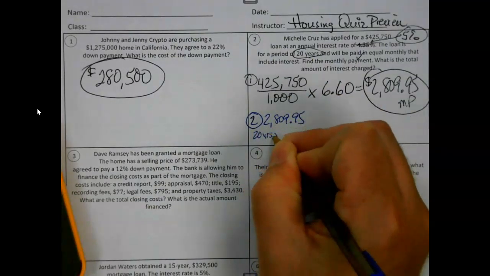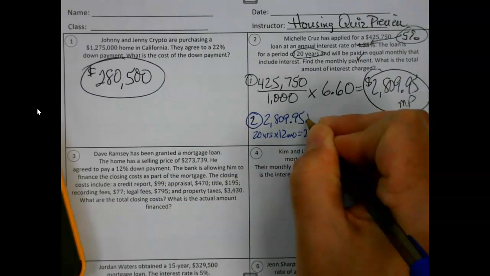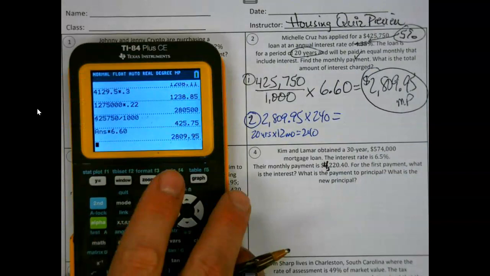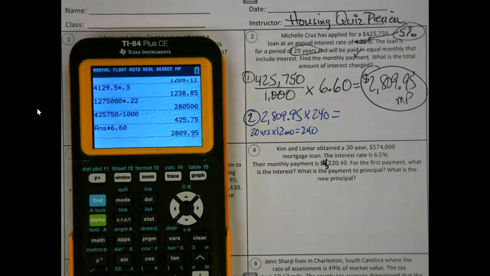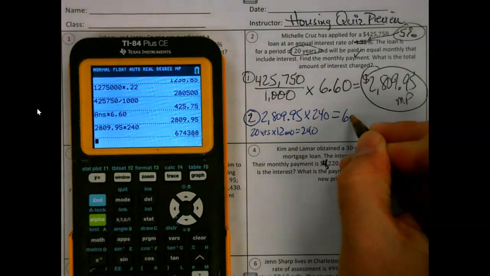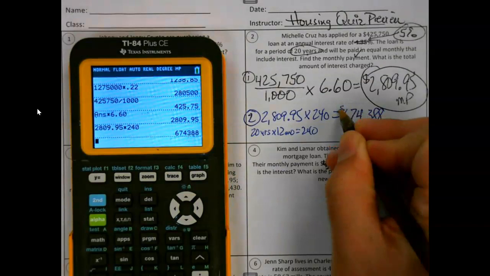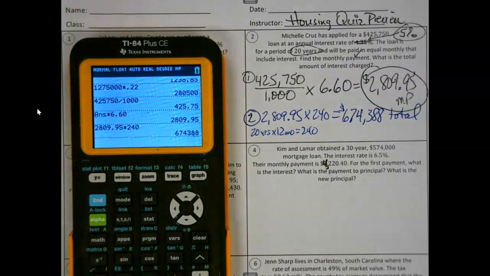So 20 years times 12 months would be 240 payments that I'm making at that particular monthly payment, unless I pay stuff off early or something like that. So 674,388 is my total that I paid, but that's not the answer.